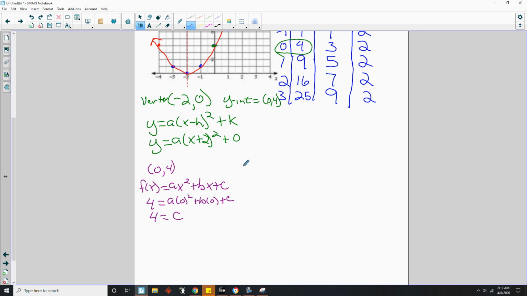So now let's use the point 1, 9. And if I use the point 1, 9 and I use that f of x equals ax squared plus bx plus c, now my y is 9, or my f of x is 9, my x is 1. And that will give me 9 equals 1 squared is 1, so that would just be 1a, or just a, plus b plus c equals 9.